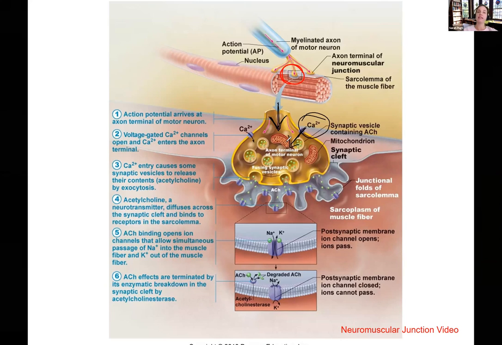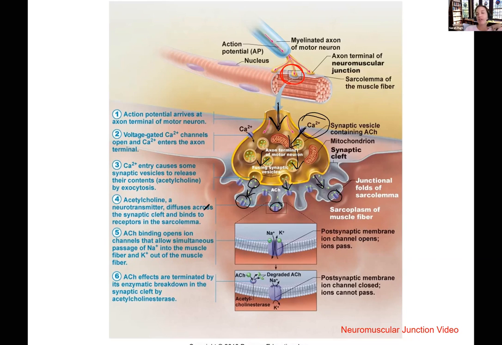In this case, synaptic vesicles are going to migrate towards the end of that axon. They're going to fuse to the end of the axon and pop, right? We call that exocytosis. They're going to release acetylcholine, you can see here, into that cleft. Acetylcholine diffuses across the cleft, and it's going to bind to these receptors, these purple receptors, at the motor end plate.